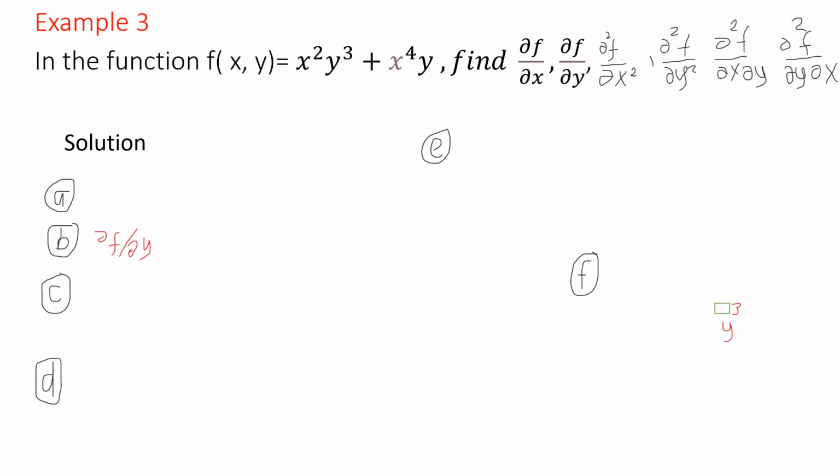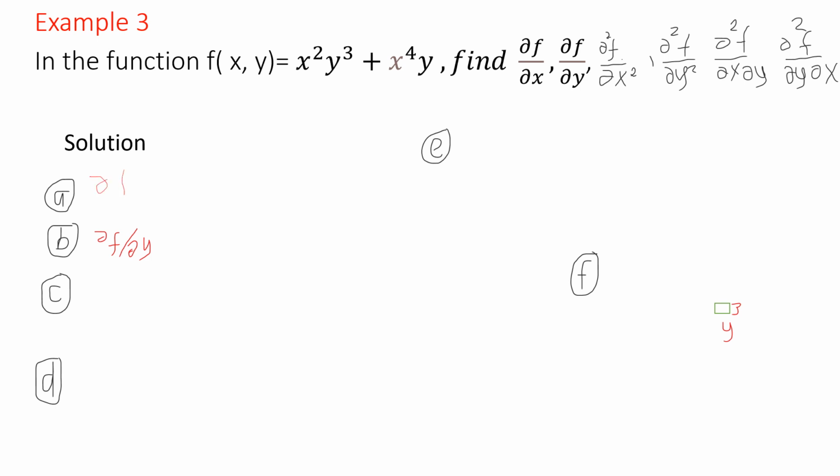In the function f of x y equals x squared y cubed plus x squared y, find the partial derivative of f with respect to x and the partial derivative with respect to y. So this one.